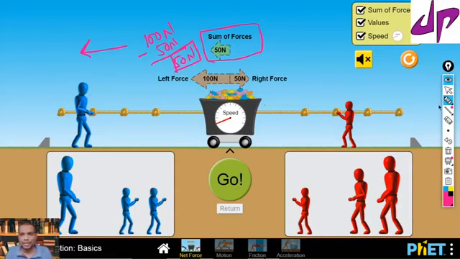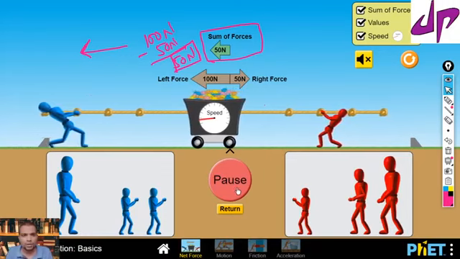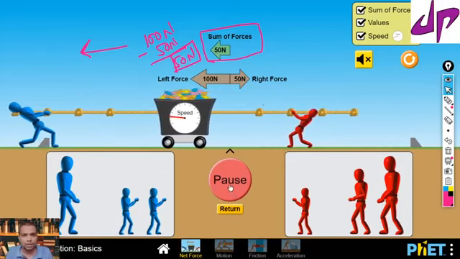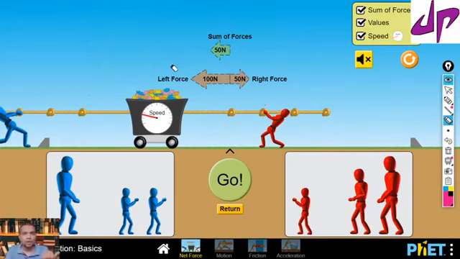Suppose I hit this go button, they will apply force together. Now you can see in which direction the cart is moving. The cart is moving in my left direction. Why? Because in my left direction, the resultant force is more.